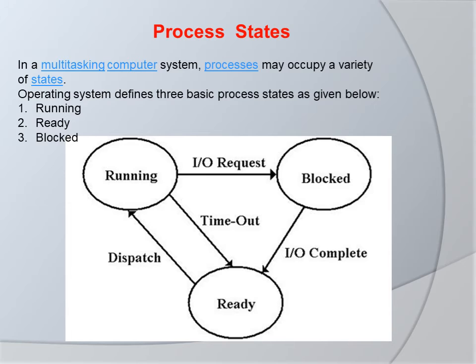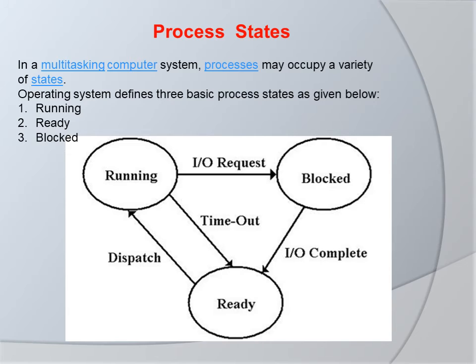So here, in the running state, if the process requires input-output, then it can move from running to the blocked state. If that input-output requirement is complete, it moves from blocked to the ready state.